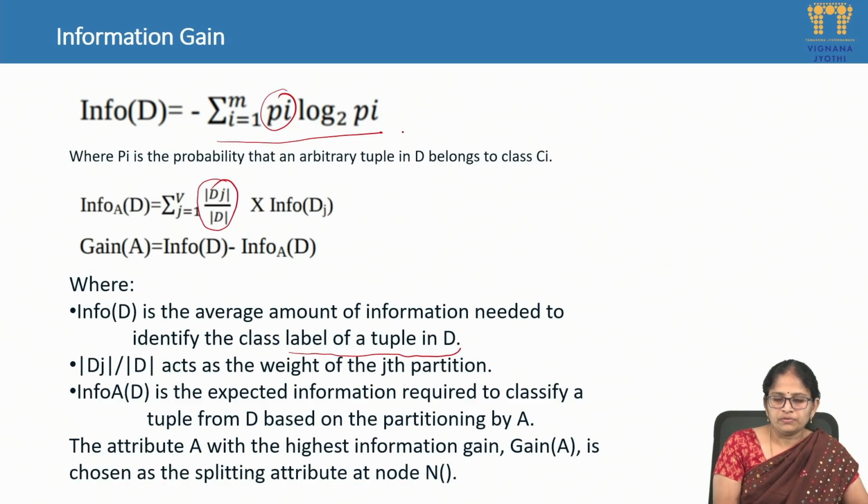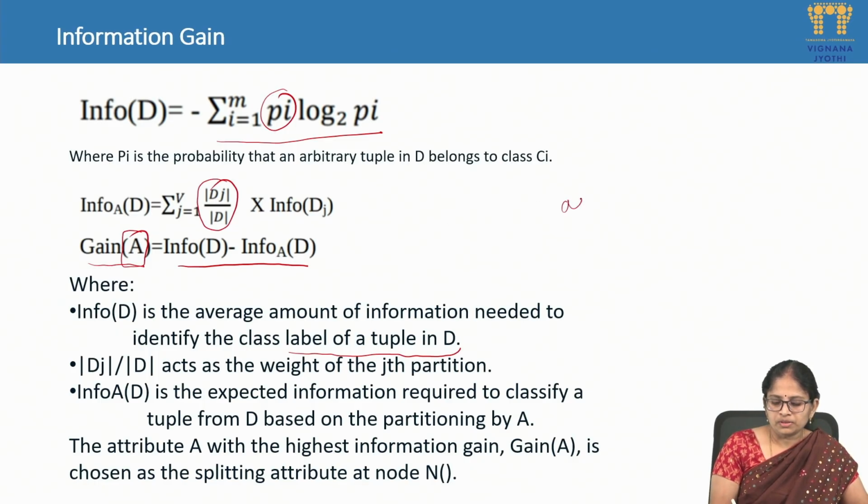Once we calculate the info of D for the given data set, we divide this data set on some attribute and again calculate the expected information required to classify the tuple in D based on the partitioning by attribute A. Finally, we calculate the gain of A by subtracting the second equation from the first, that is info of D minus info of D at A. The attribute which has the highest gain value is selected as the best attribute for further splitting the data set.